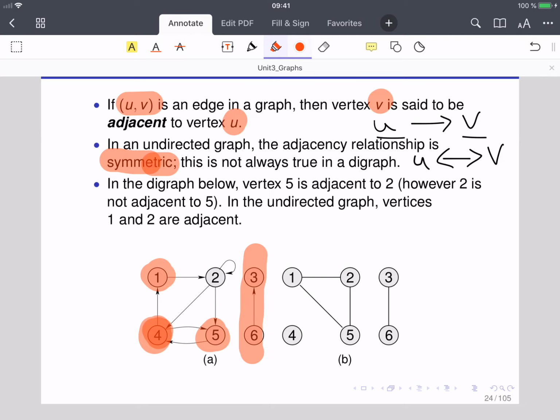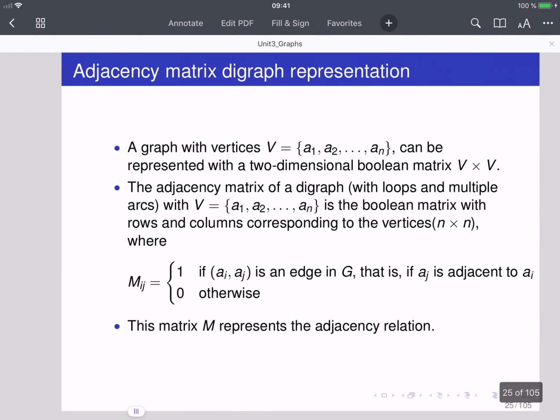In the case of the undirected graph, 1 and 2 are adjacent, 2 and 5 are adjacent, 1 and 5 are adjacent, and 3 and 6 are adjacent. So in this case the relationship is symmetric, as we have already said.